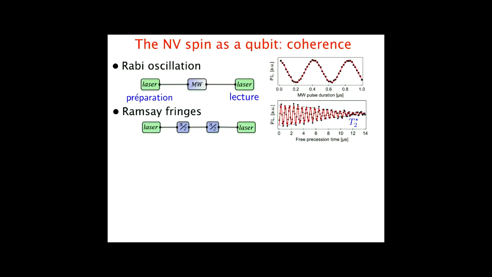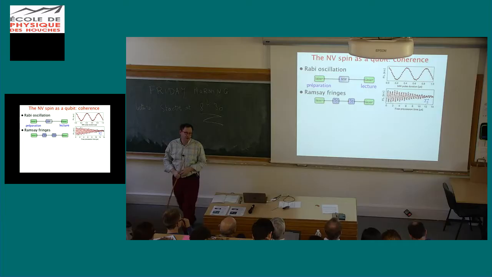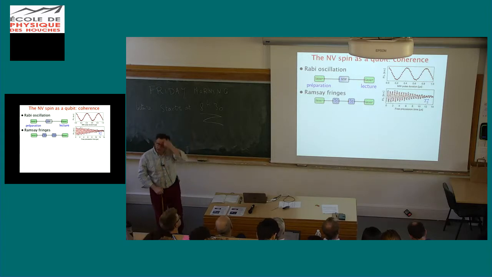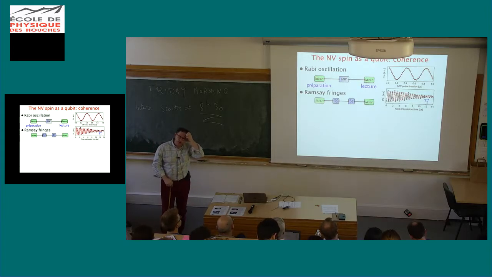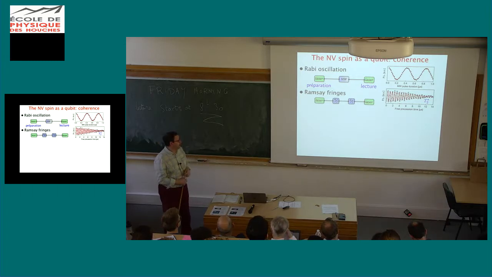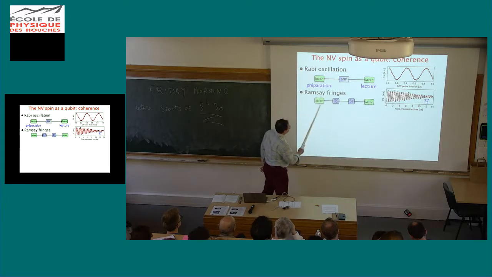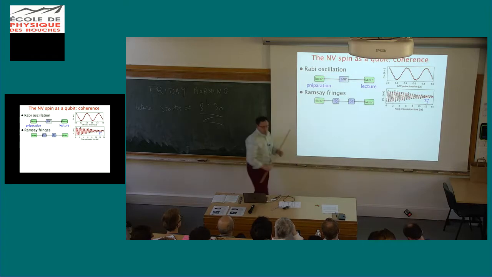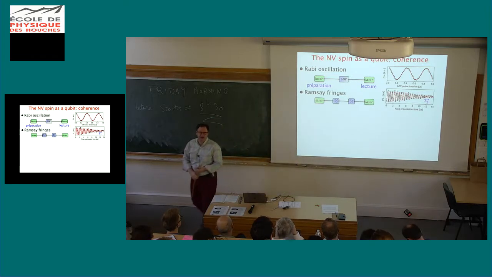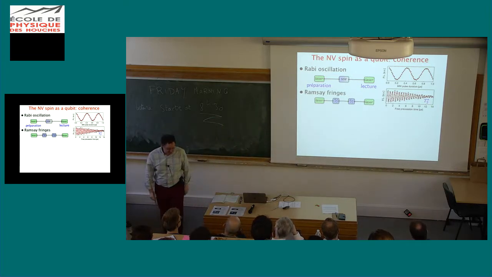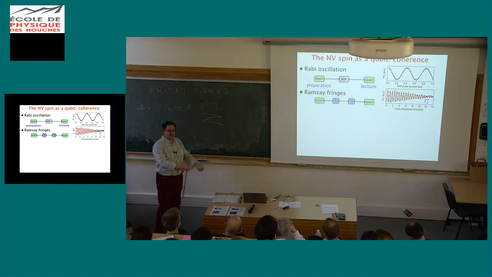The other very important point is, if you create a coherence of the spin levels, how long will it remain? This is, for instance, the T2 star time, and you can measure it by applying, for instance, a laser pulse first. You apply a pi/2 microwave pulse, which creates a superposition of the spin states, and then you let the system evolve.